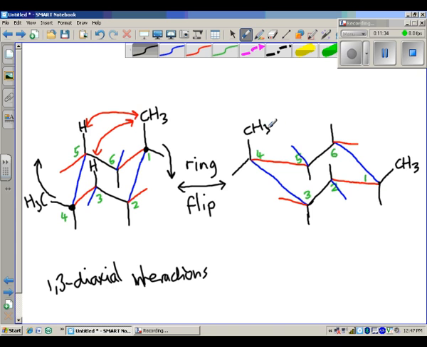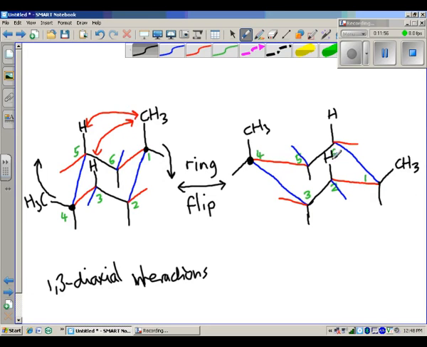The other group we're particularly concerned about is the one that's axial, which is the methyl on carbon 4. With it, we have to find which hydrogens are interacting with it. So we do what we did before: which bonds are also axial up? It's the ones on 2 and 6.